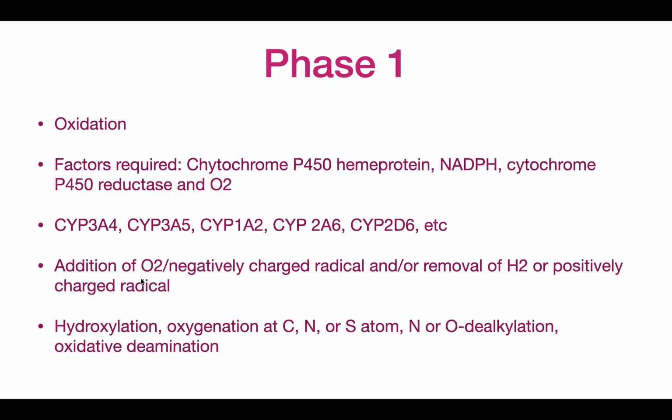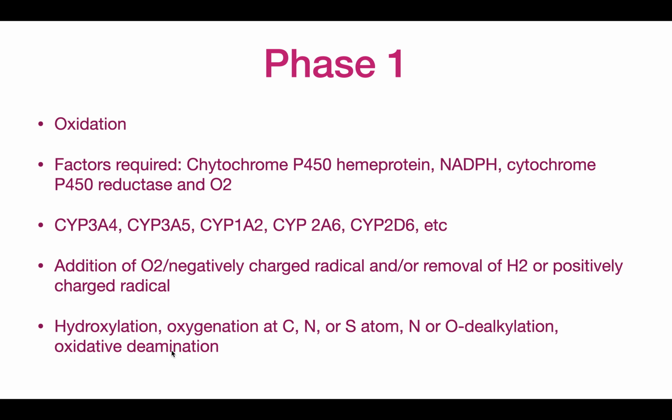So the addition of oxygen or a negatively charged radical, and or the removal of hydrogen or a positively charged radical, all leads to hydroxylation, oxygenation, dealkylation, and oxidative deamination.